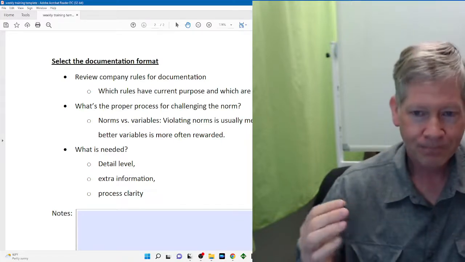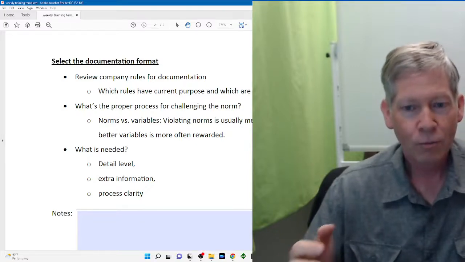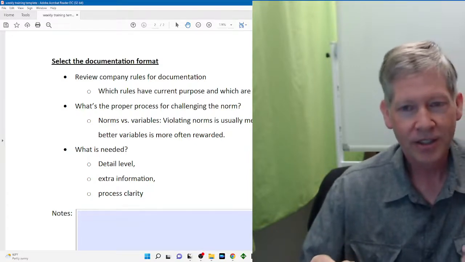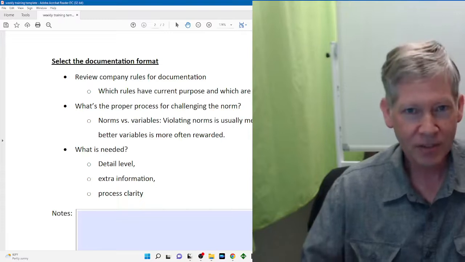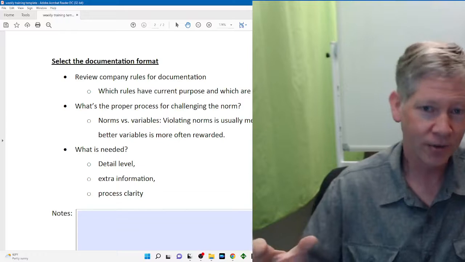Next, I want to talk about the needs. Not listed in here on the worksheet, you have the company's needs. The company's needs are kind of an umbrella or a blanket that covers everything else.